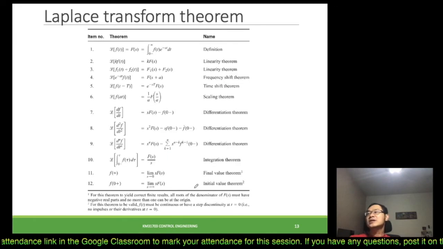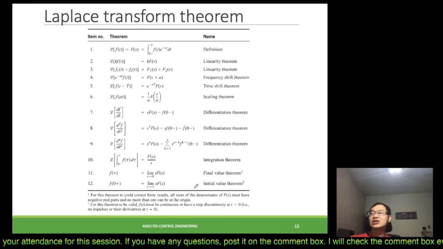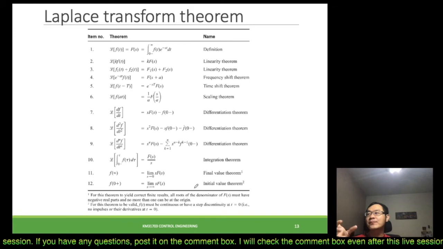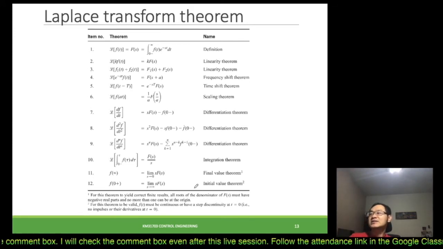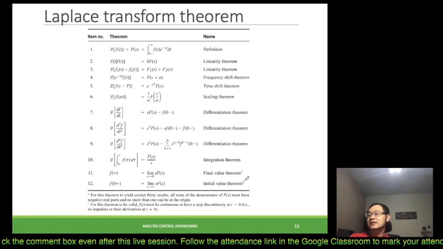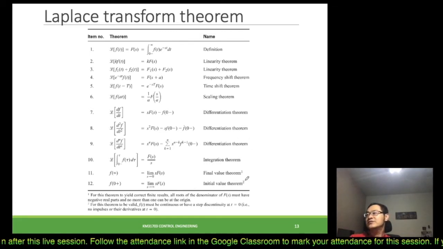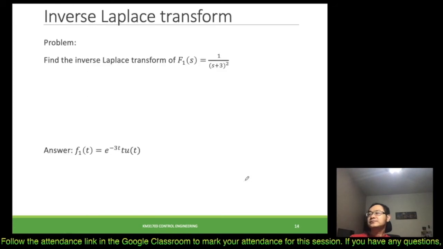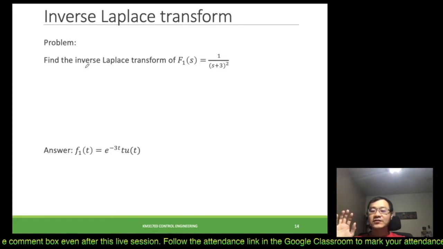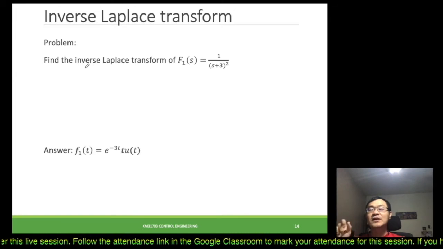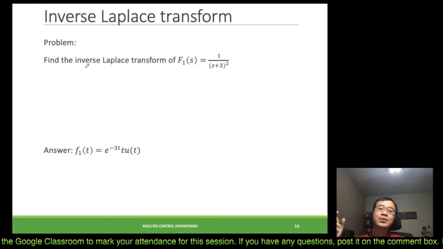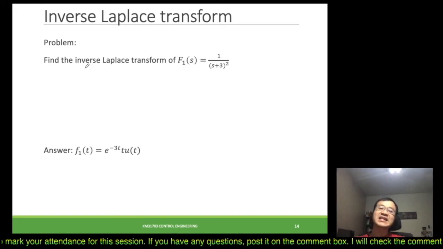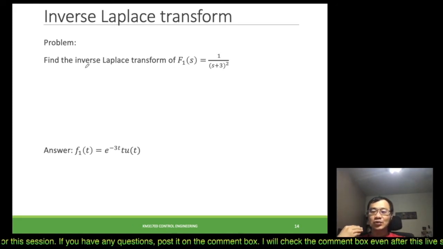Here are also other Laplace transform theorems that you may apply later on, on how to do operations between them, so that you can add, multiply or scale them accordingly. This is for you to refer to later on. Once you get familiar with this transformation from functions of t to functions of s, you should be able to do it in the inverse direction.